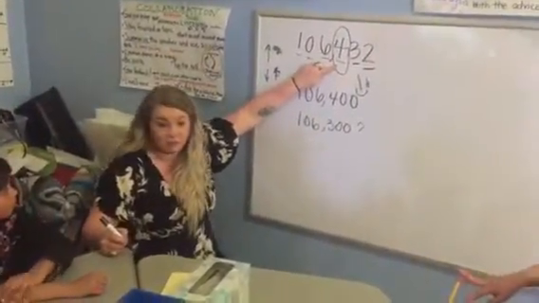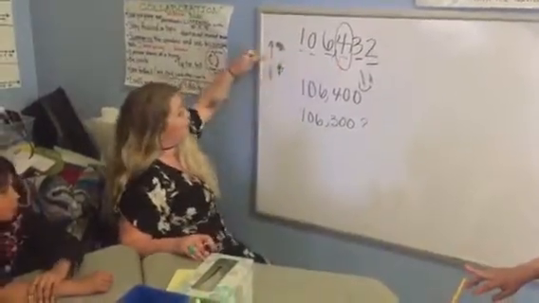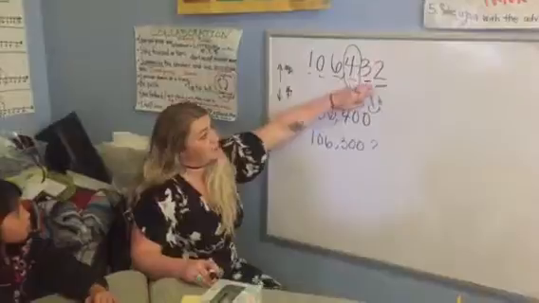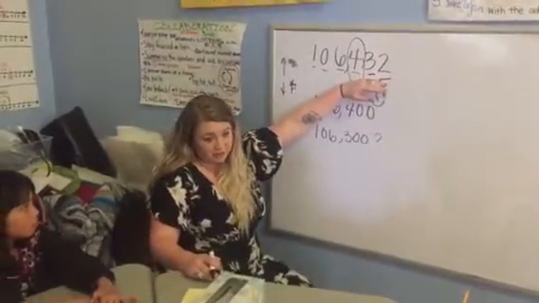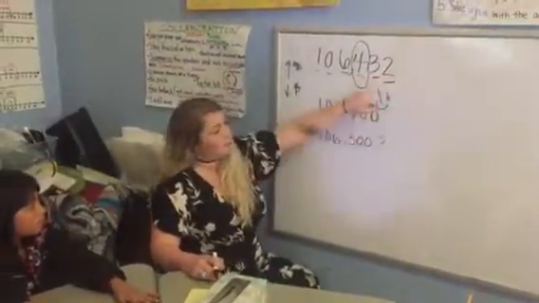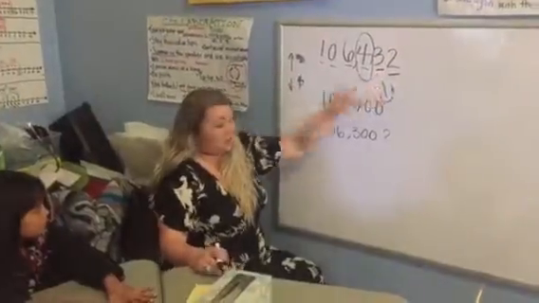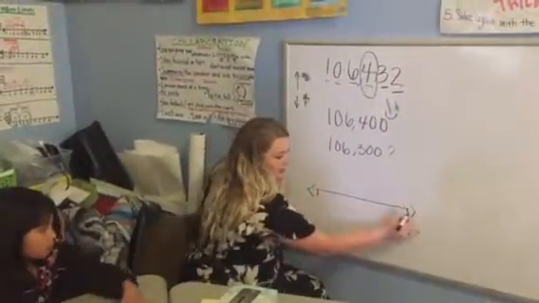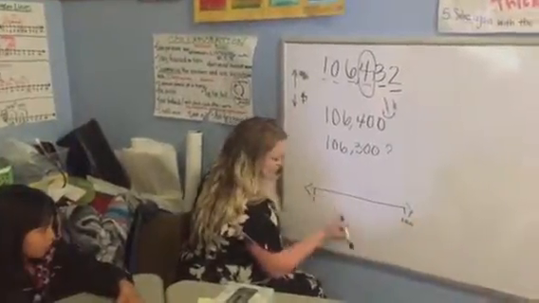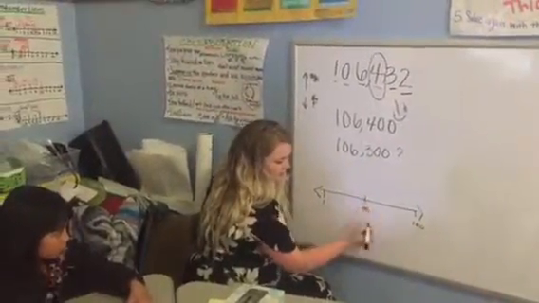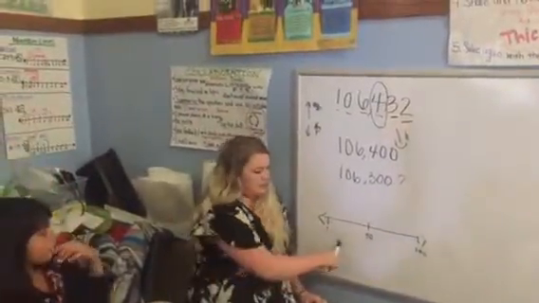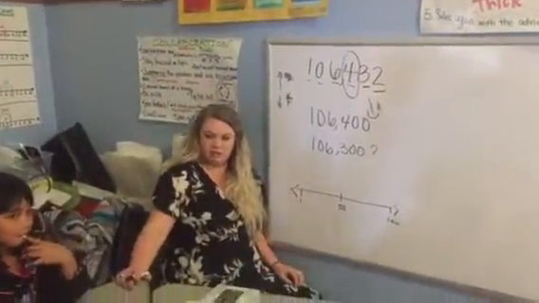Our hundreds is a 4, and our tens digit is a 4 and below, so we're going to keep it at the 4. These two numbers determine if we're going to round up. This is 32. On a number line, from 1 to 100, here's 50. Where does 32 lie? On this number line, where could we put 32?